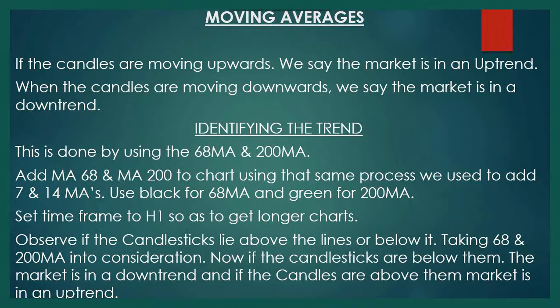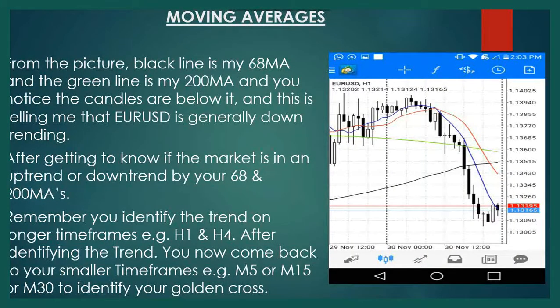Observe if the candlesticks lie above the lines or below it. Take 68 and 200 MAs into consideration. Now if the candlesticks are below them, the market is in a downtrend, and if the candles are above them, the market is in an uptrend.